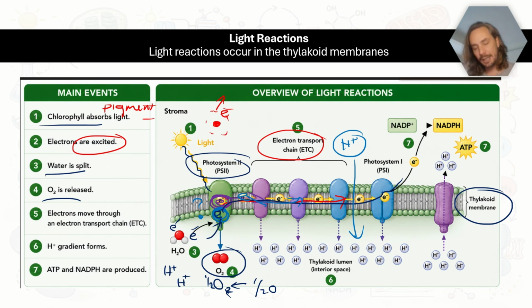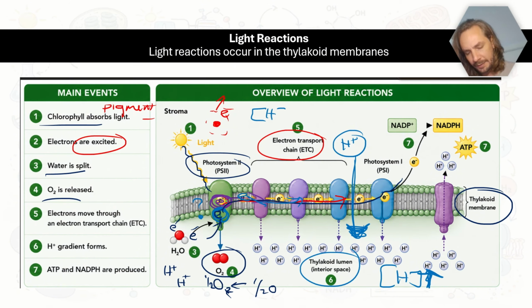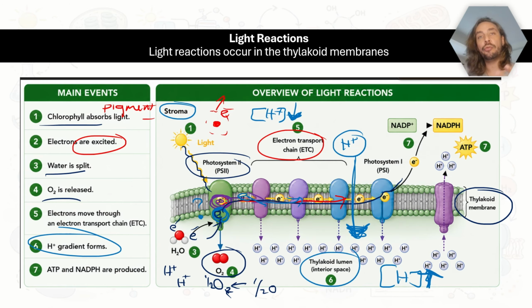It uses that energy to pull in a hydrogen ion. So inside the lumen, the interior space, I will have a very high concentration of hydrogen, and on the outside, I have a very low concentration in the stroma. This creates that proton gradient.